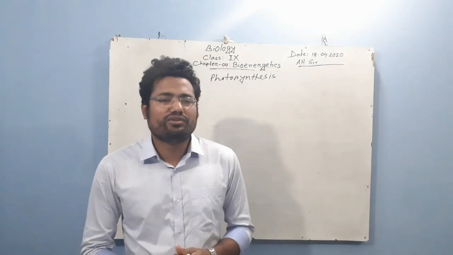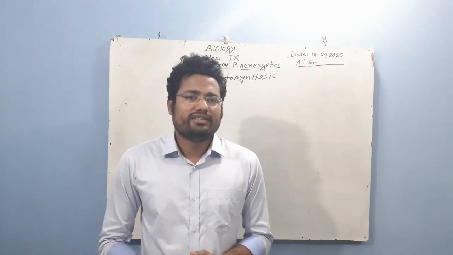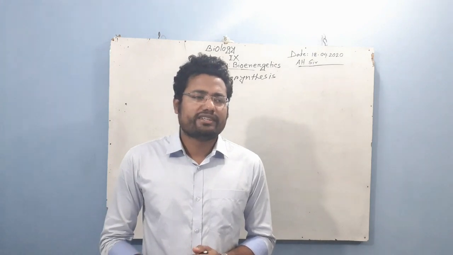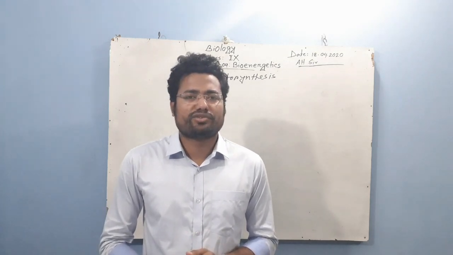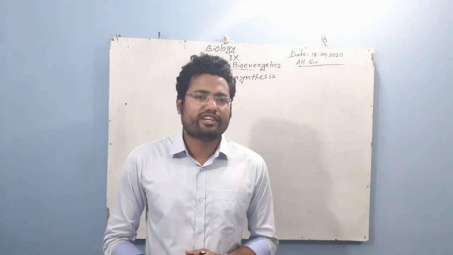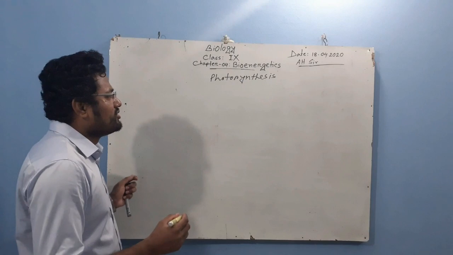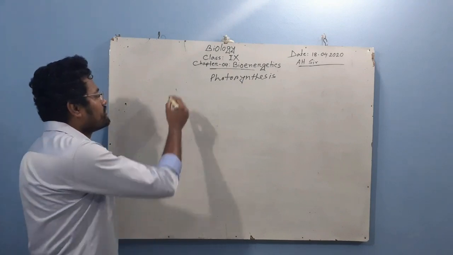They have chlorophyll. We know that by chlorophyll they absorb solar energy and convert it into chemical energy, and this chemical energy is basically stored in carbohydrate like glucose. Now I will write on the board the equation of the photosynthesis process.